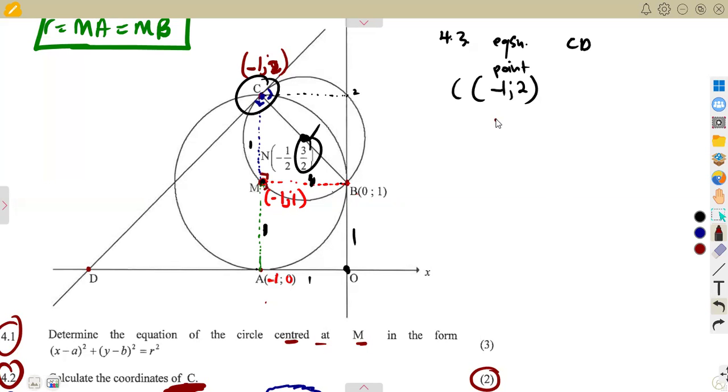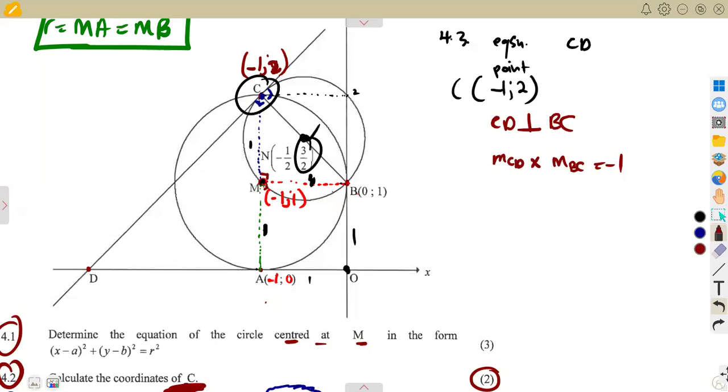So if CD is perpendicular to NB or to BC or to CN, whatever you're going to consider the radius or the diameter, what does it mean? It simply means the gradient of CD multiplied by the gradient of the line BC should give us a -1. Remember the concept, when it is on the gradients of perpendicular lines, the product of their gradients is -1.